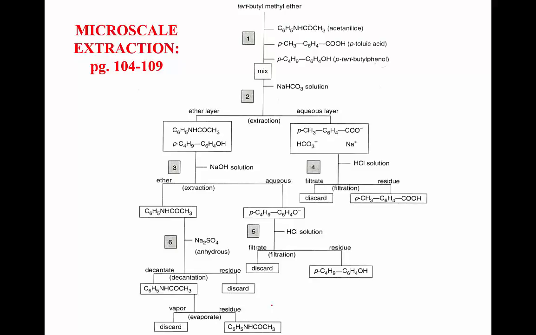All right, so here's a flow chart just showing you the order of the lab, what you're going to be doing. So what you're going to do is start with these three organic compounds. You've got acetanilide, p-toluic acid, and p-tert-butyl-phenol. So p-toluic acid is carboxylic acid, so that will be your highest strength. P-tert-butyl-phenol, that is still acidic but weaker than the p-toluic.